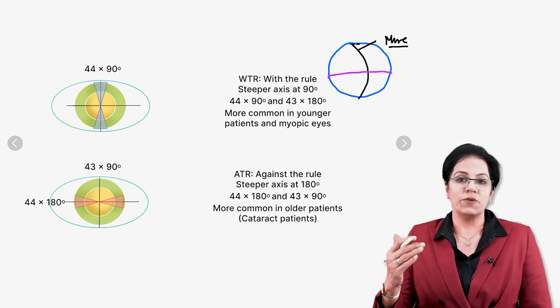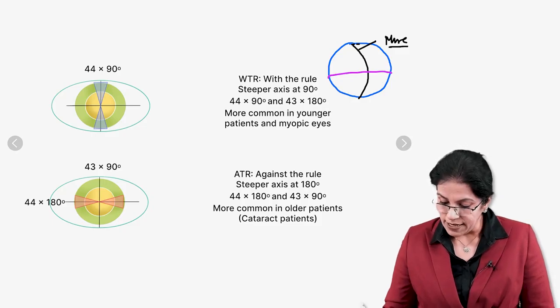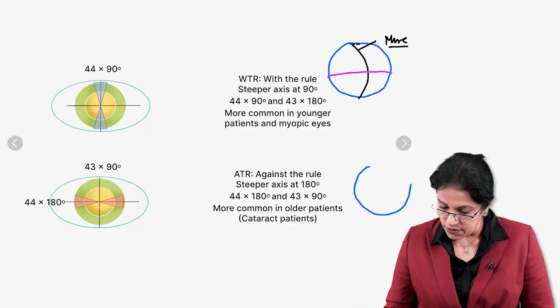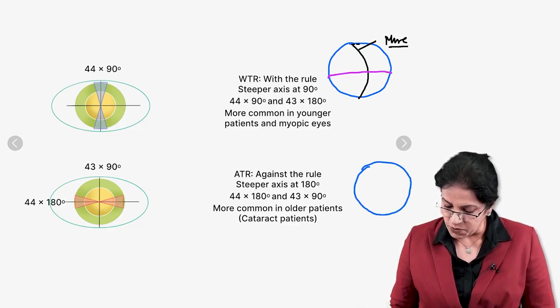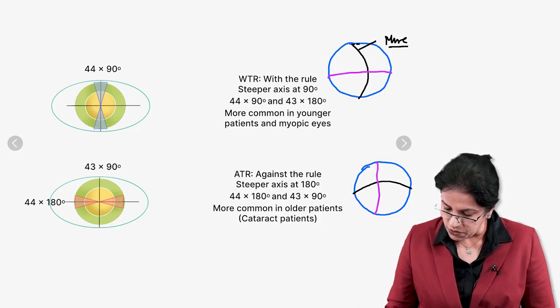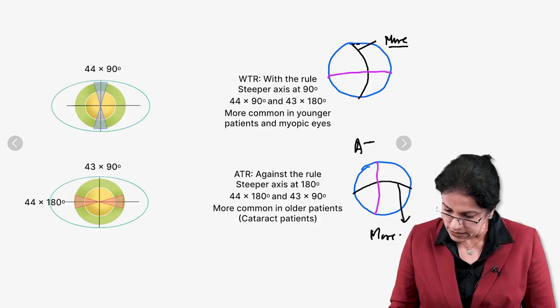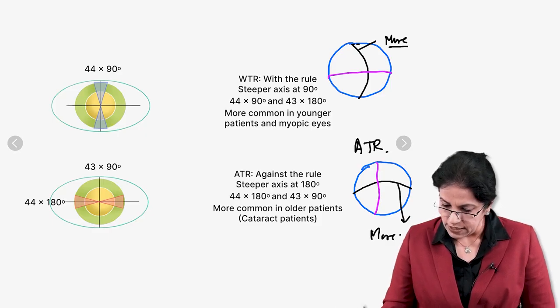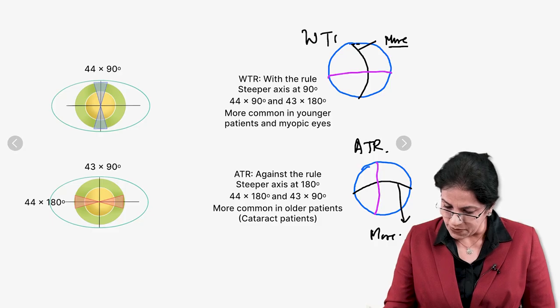I'll explain why. And it is the opposite if the horizontal is more curved compared to vertical. Now you call it against the rule astigmatism. So this is ATR, against the rule. This is WTR, with the rule.